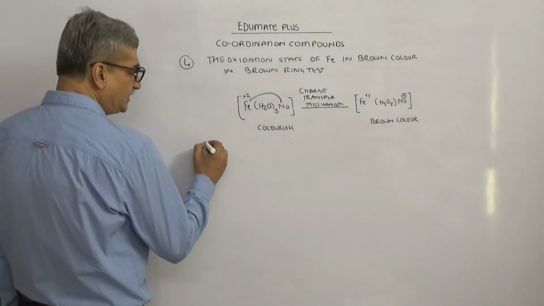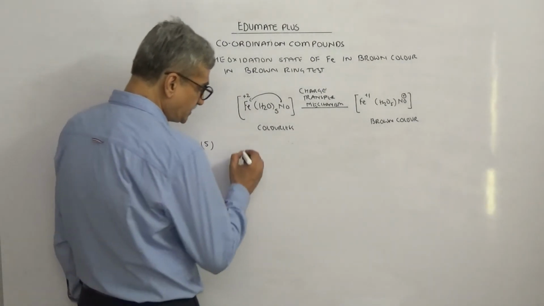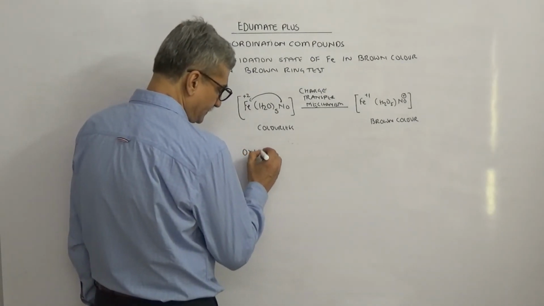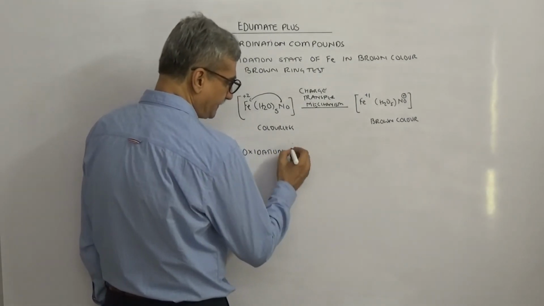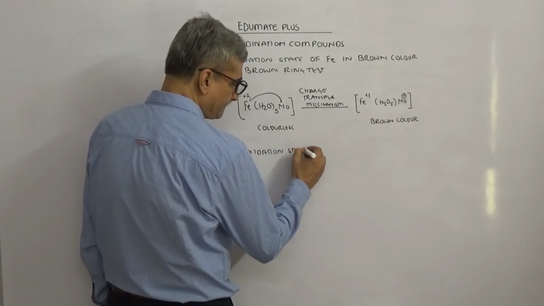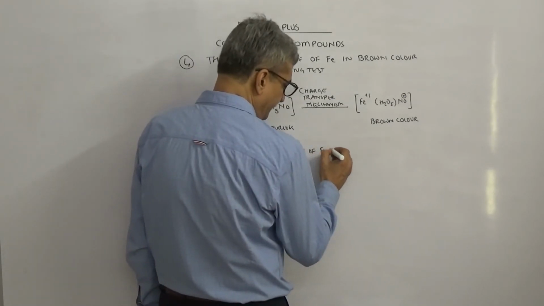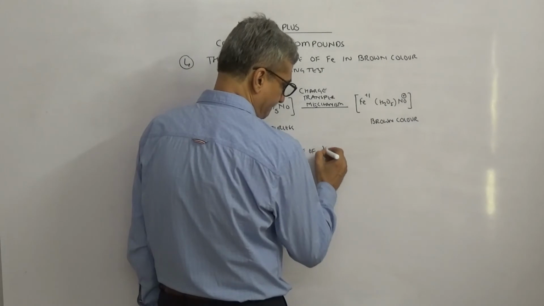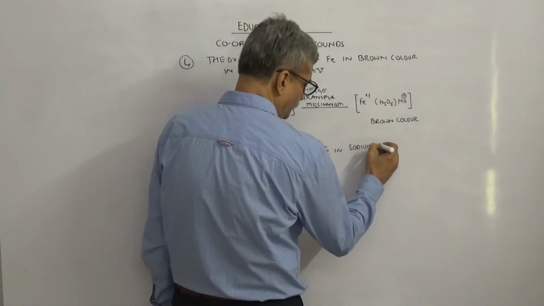We might combine this with the fifth question. The oxidation state of Fe in sodium nitroprusside.